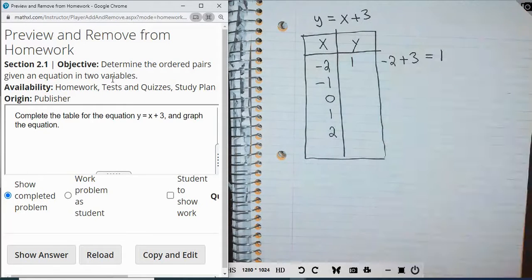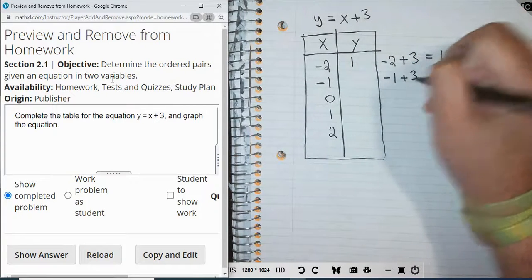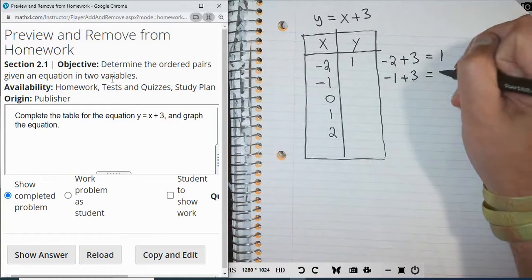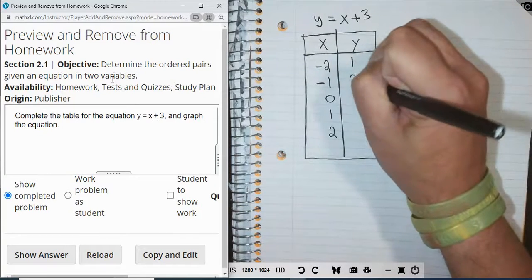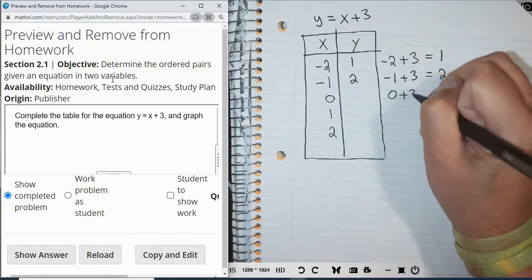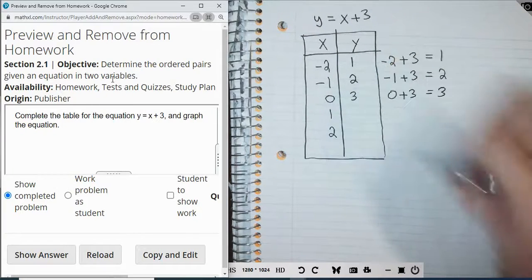So 1 would be associated with negative 2. Then we plug in the negative 1 for x here. So negative 1 plus 3 is 2. Then we plug in the 0 for x here, and that would give us 3. Just completing the table here.